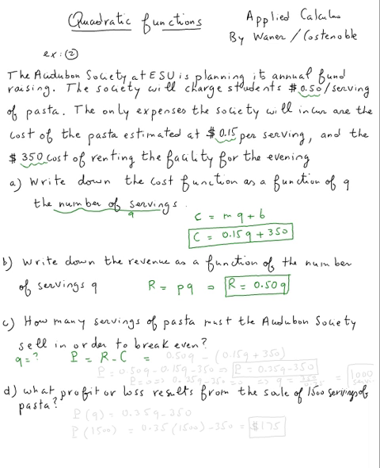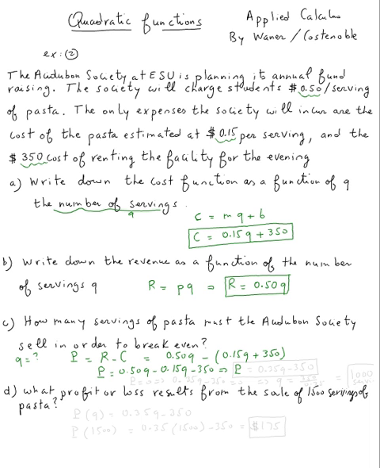In this case, the revenue is 0.50 Q minus the cost, which is 0.15 Q plus 350. So the profit is equal to 0.50 Q minus 0.15 Q minus 350.